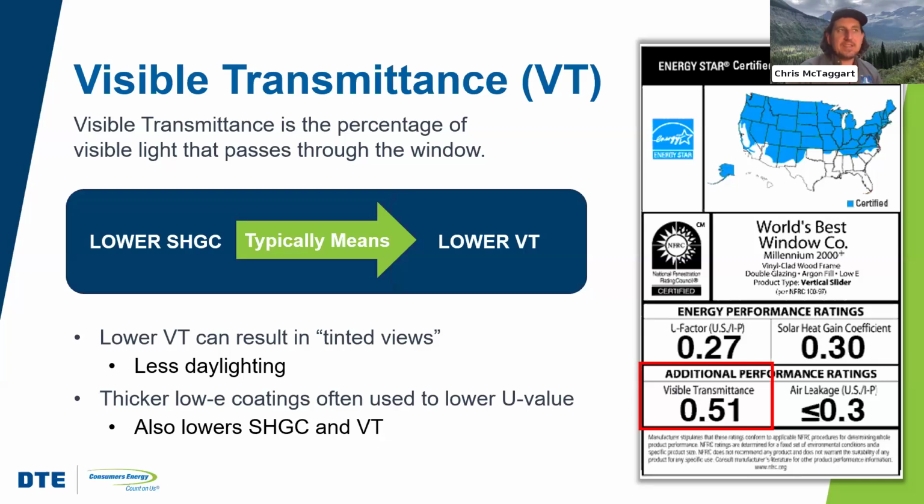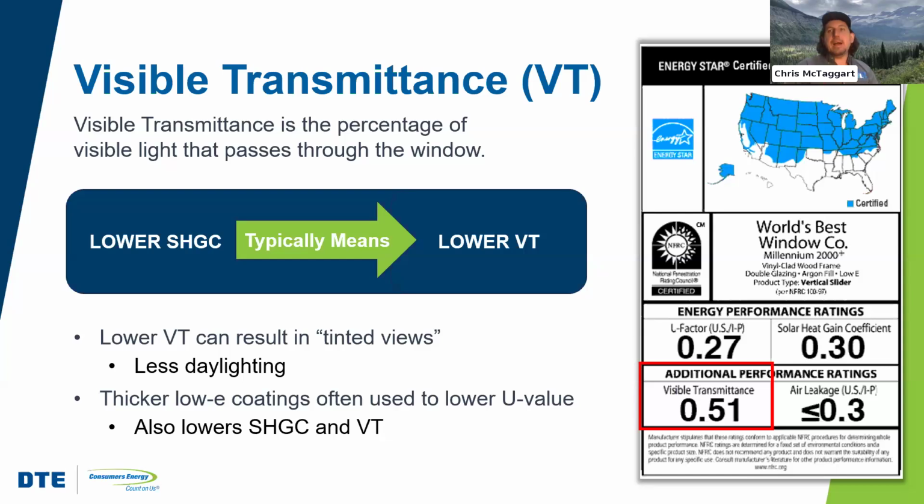The consequence is you may end up reducing the quality of light and the quality of views that you're getting through those windows, which again, that's one of the main reasons why we have windows to begin with, so we feel that connection to outside. So I'm just cautioning here that there's a lot more to the story than low U factors or low SHGC. You would want to consider something like visible transmittance.